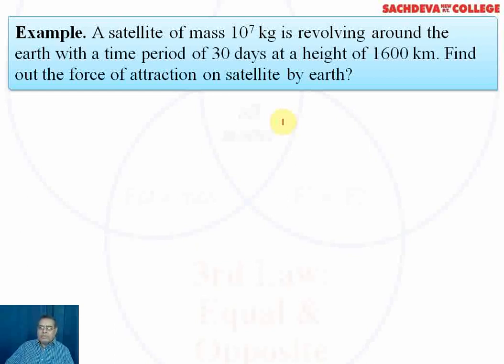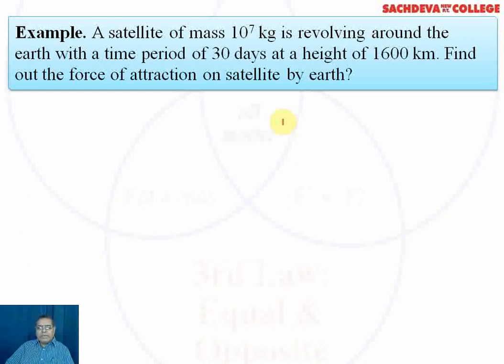Now the satellite is moving at a height of 1600 kilometers above the surface of Earth, so we must know the radius of Earth. The radius of Earth is generally taken as 6400 kilometers. So 1600 is added to 6400, and then the number is converted to meters by multiplying by 1000. This is what is indicated in the solution.